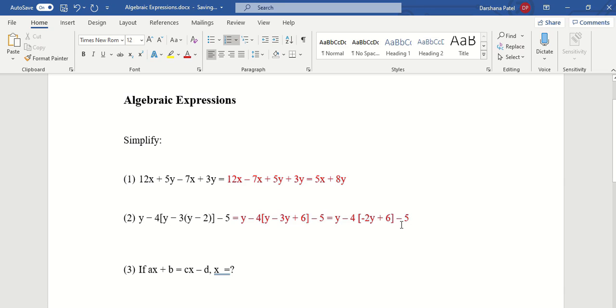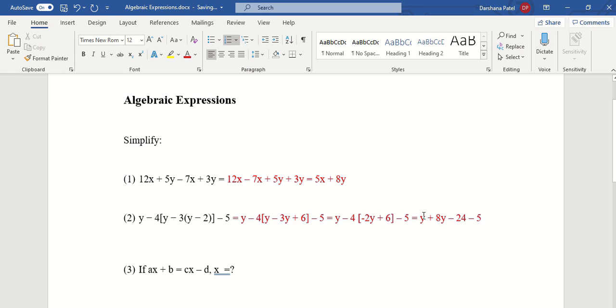Again 6 subtract 5, 1, we cannot do that because there is a bracket. We need to take care of the bracket first. So what we can do now here is multiply 4 inside the bracket. So negative 4 times negative 2y will give us positive 8y, and negative 4 times 6 will give us negative 24, subtract 5.